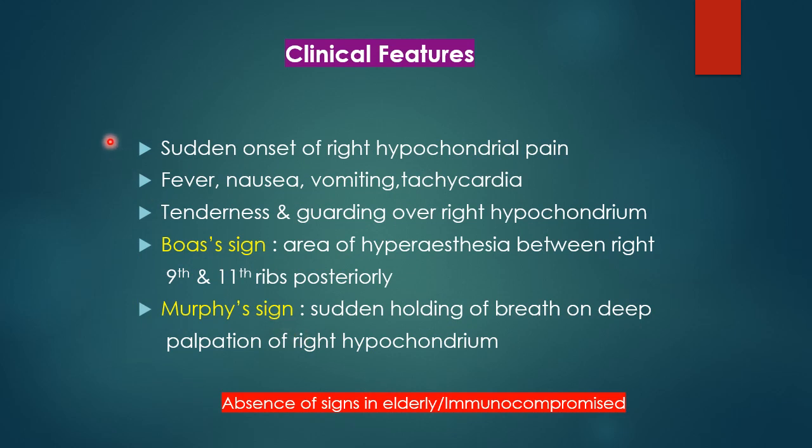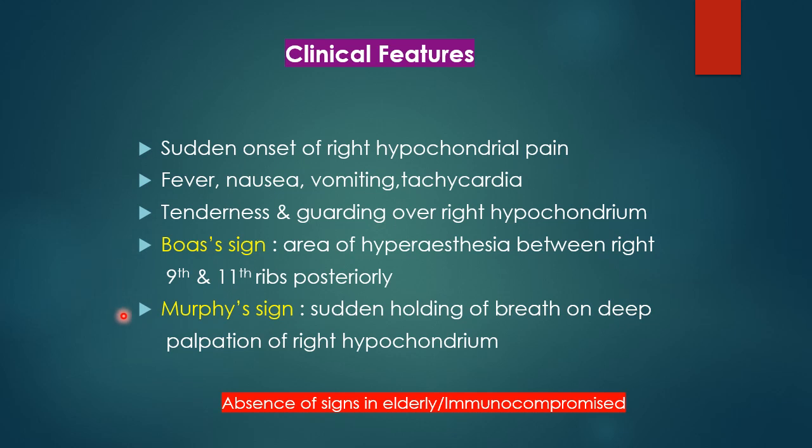Clinical features of acute cholecystitis: sudden onset of right hypochondrial pain, fever, nausea, vomiting, tachycardia, tenderness and guarding over the right hypochondrium. Boas sign is an area of hyperesthesia, increased sensation between the 9th and 11th ribs posteriorly.